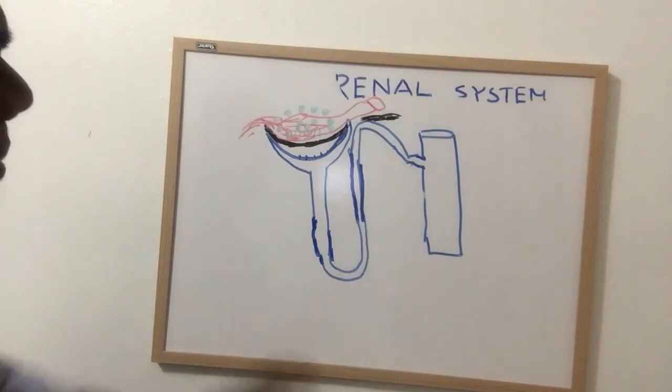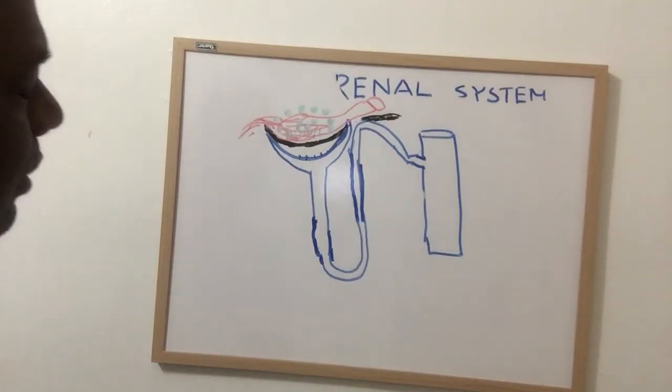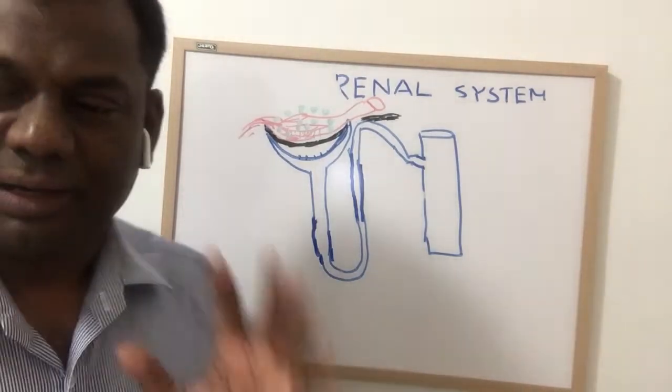What's the purpose of this whole Bowman capsule, nephron, and kidneys? The one basic phenomenon we have to know. In our blood, we have so many waste products, so many healthy products.